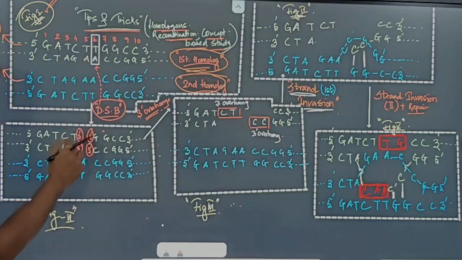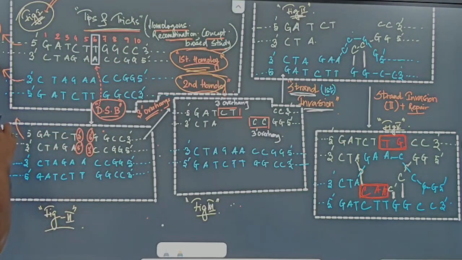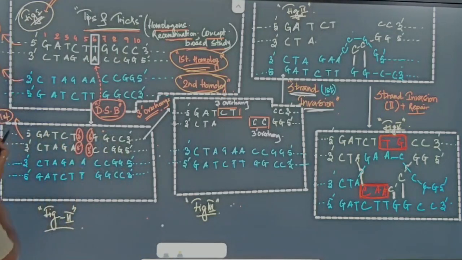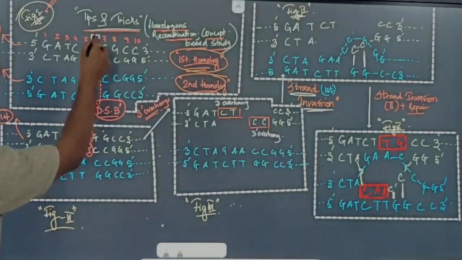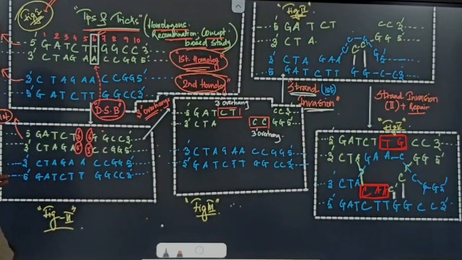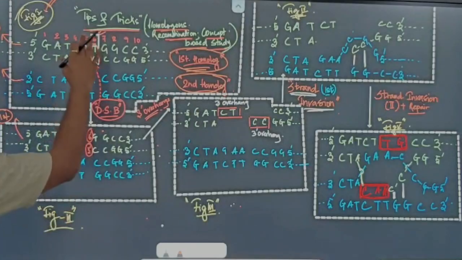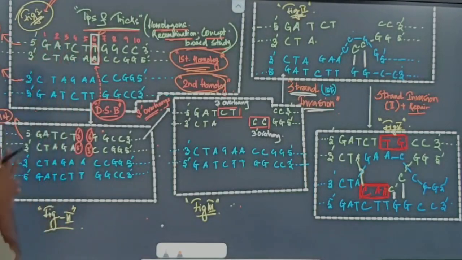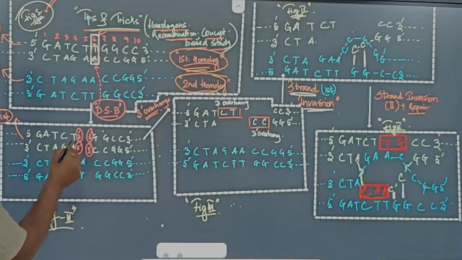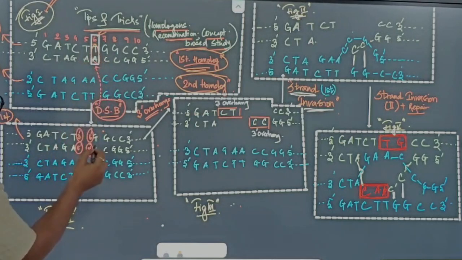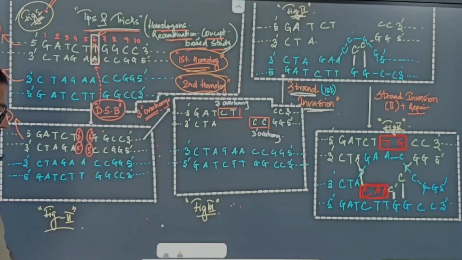In this first homolog, there lies a double-stranded break where, at the sixth position, suppose this entire segment has undergone deletion due to breakage. So now the sequence lies with GATCT, there is a gap, then GGCC.